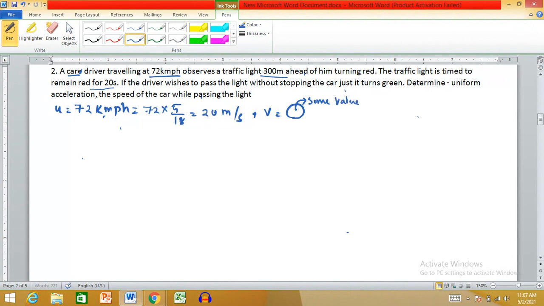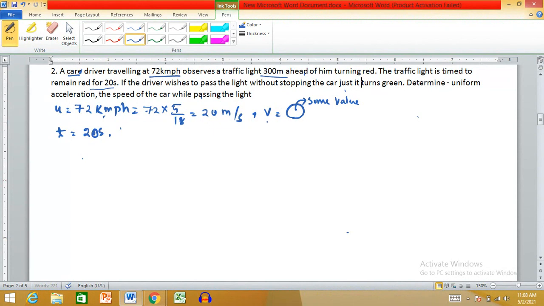at the traffic stop. That means he has traveled for how many seconds? 20 seconds. When the light turned red, he was traveling at 20 meter per second.